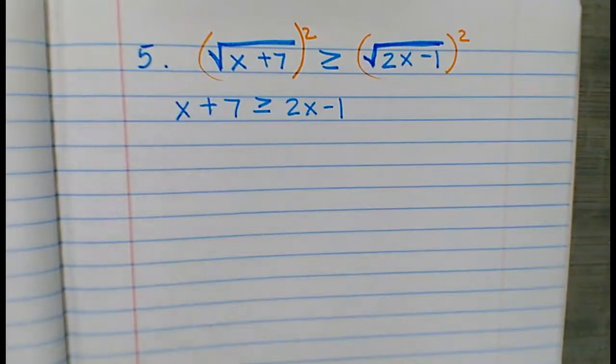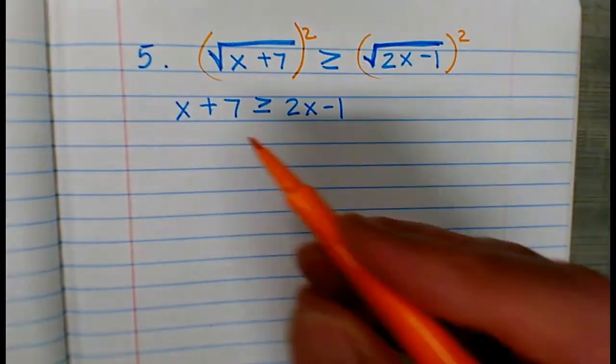Now, another thing that I do differently than just equalities is if it is an inequality, I want the x's to end up on the left-hand side because that's going to be easier to make my number line.